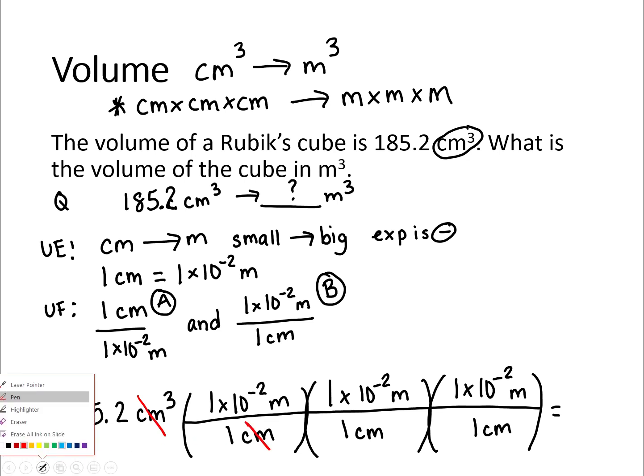We'll try to replicate something like that. I hope nobody is red-green colorblind, because I've got limited options. So we get rid of all those centimeters cubed, and we end up with meters cubed. Because when we multiply the numbers, we're also multiplying the units, meters times meters times meters.